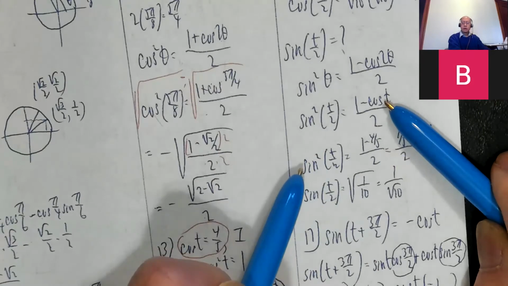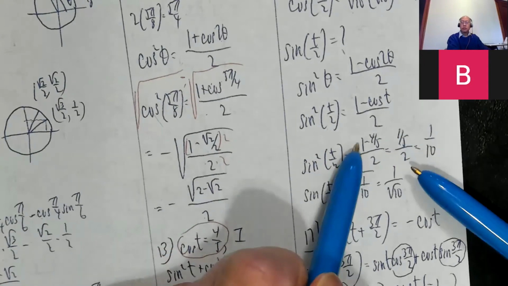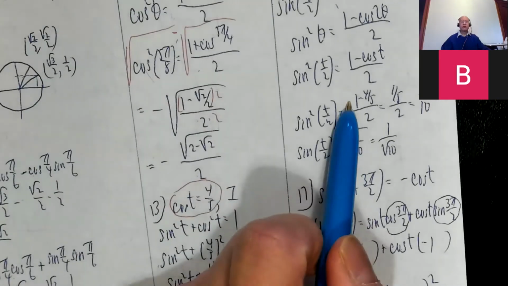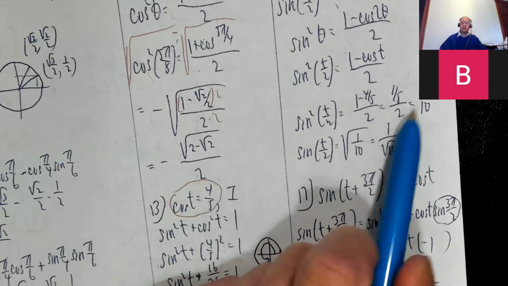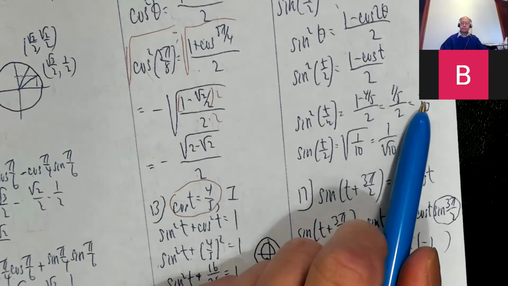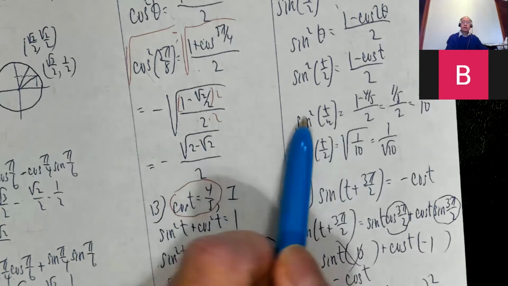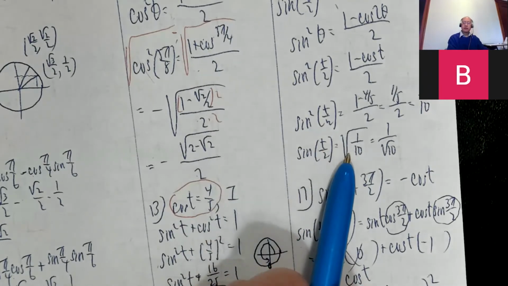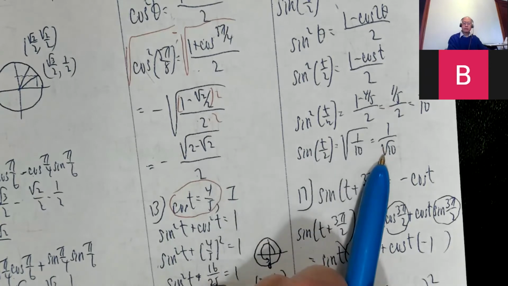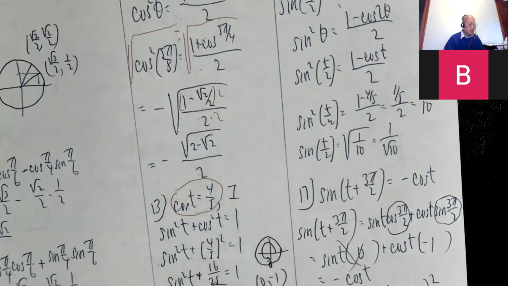So 1 minus cosine of t, which was 4/5, divided by 2. So 1/5 divided by 2 is 1/10. Take the square root of both sides. Sine of t over 2 is the square root of 1/10, or 1 over radical 10. Again, I don't mind that you leave it that way. That's fine.